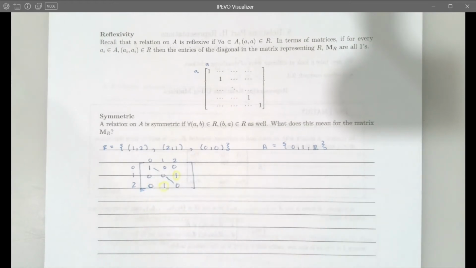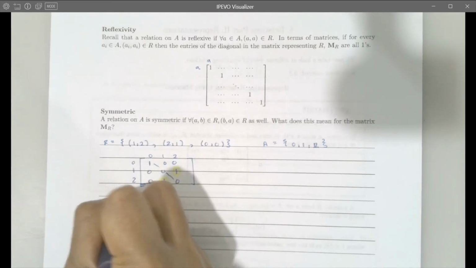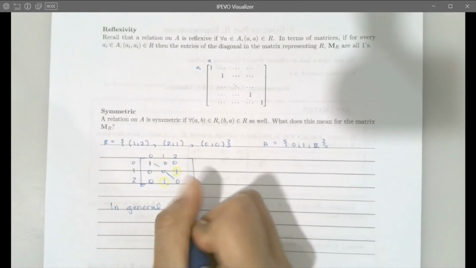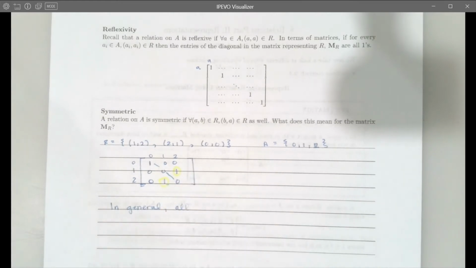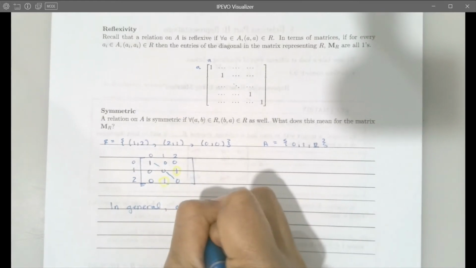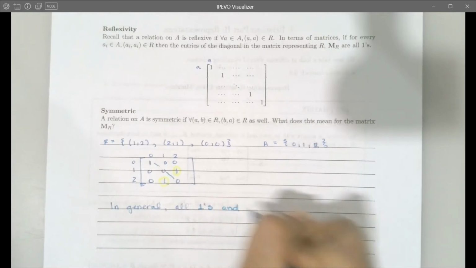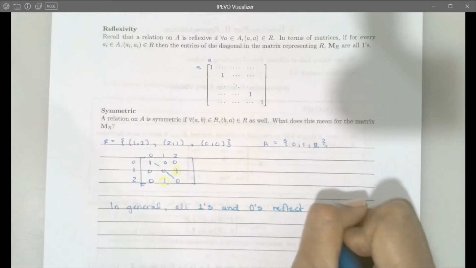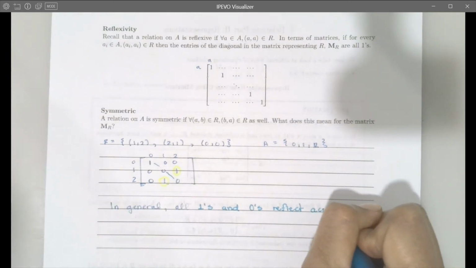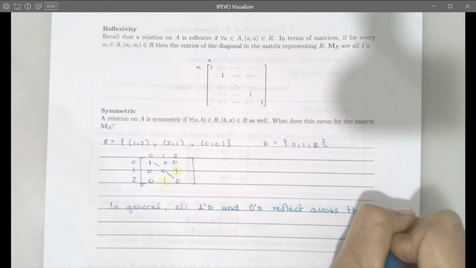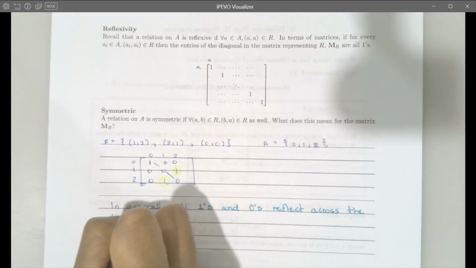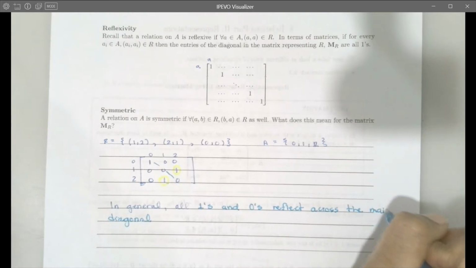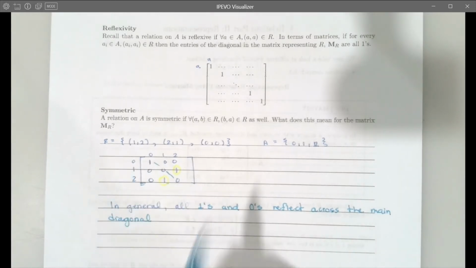Okay, so in general, all ones and zeros reflect across the diagonal. And I'll say the main diagonal here, the one that begins at 1, 1.